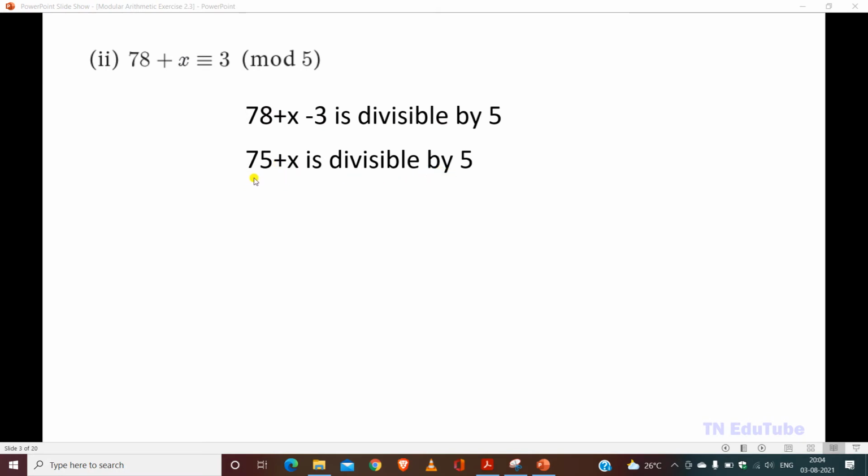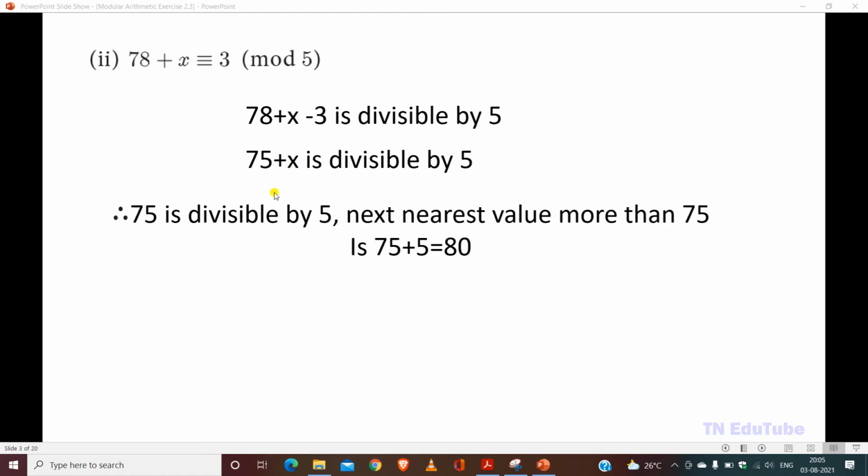We know 75 is divisible by 5, isn't it? So the next number divisible by 5 is obtained by adding 5 to 75. So the value of x is 5, because 75 plus 5 is 80. So x is equal to 5.